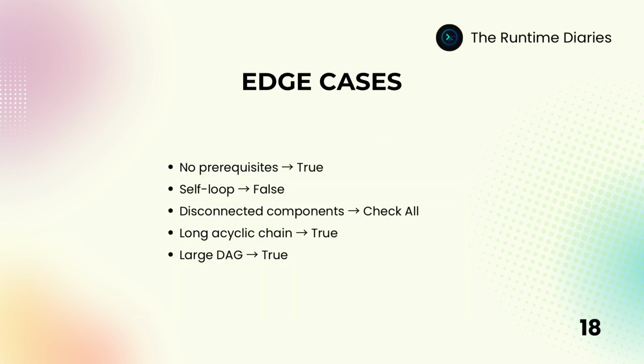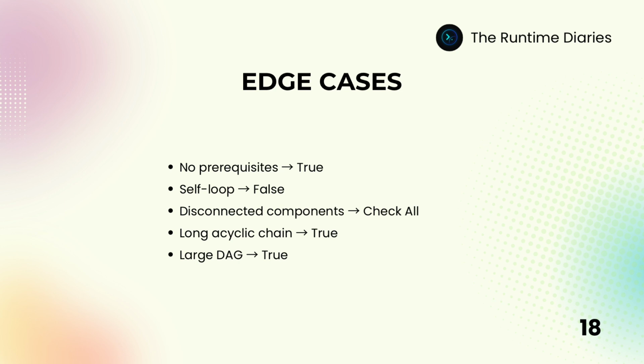Let's talk about edge cases you need to handle. If there are no prerequisites, the answer is always true. Every course can be completed immediately. If a course has a self loop like [1, 1], meaning course 1 requires itself, that's an immediate cycle. Return false. If the graph has disconnected components, you must check all of them.